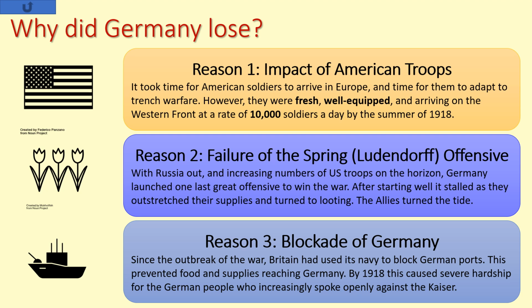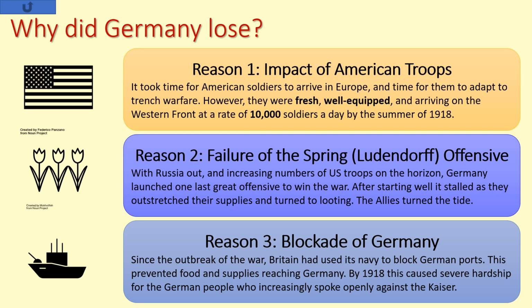By 1918, there are people in Germany who are quite literally starving to death. They cannot get food anymore, it's not there. This severe hardship that they suffer leads to increasing protests and even riots against Wilhelm and against his policy of keeping them in the war. It turns them against him.